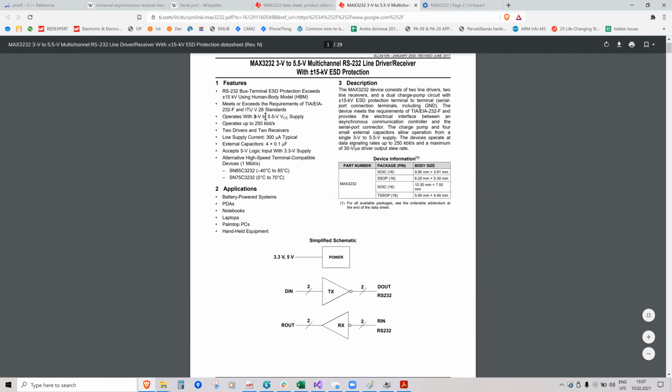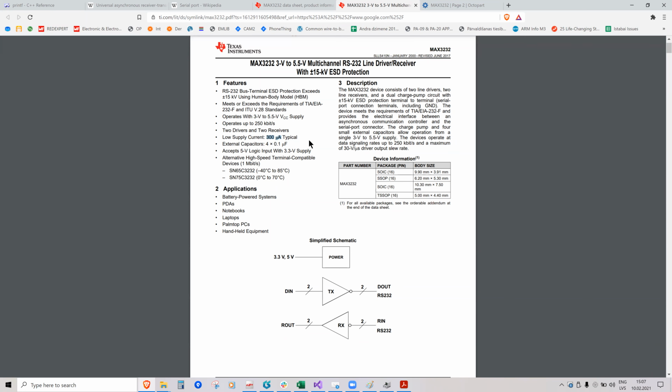So it operates from 3 to 5.5 volts. It consumes 300 microamps. So this is not a low energy converter, because anything that is above 5 microamps is not considered battery operated. So 300 microamps would eat your battery over several weeks, right?